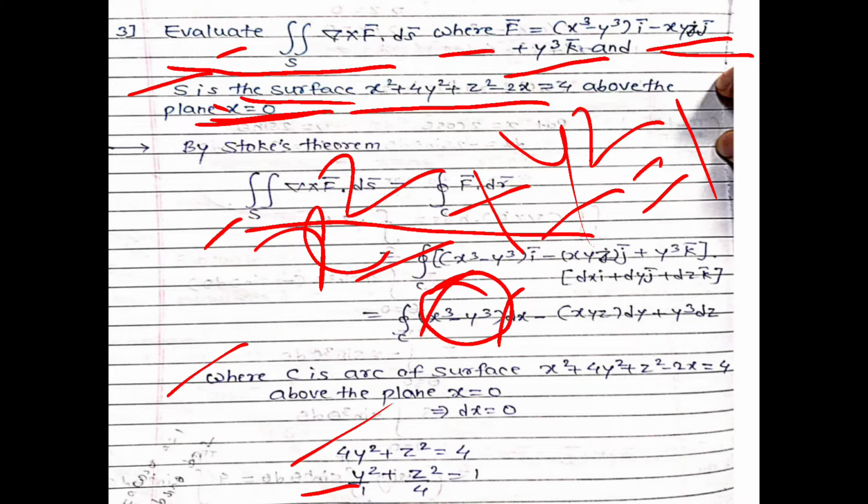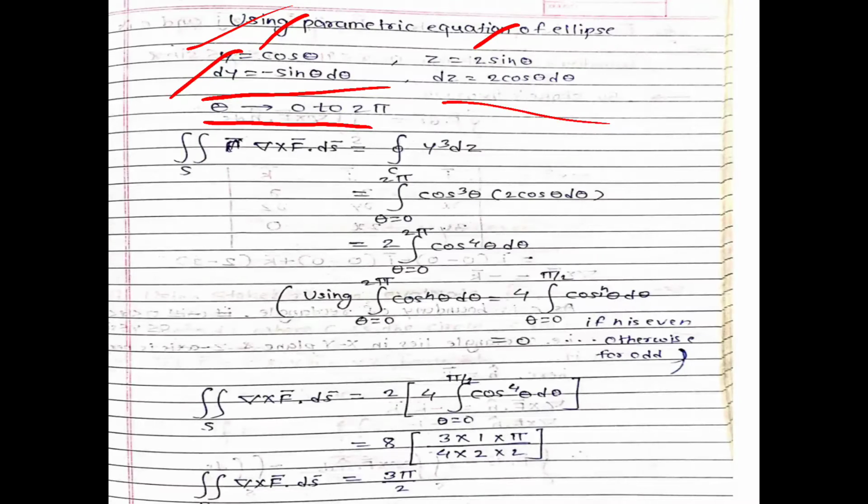Similarly here x equals to 0, so this total term will also become 0. So only y cube dz remains. So we write the integration over curve C of y cube dz. The value of y from the parametric equation is cos theta, so y cube means cos cube theta, and the value of dz is 2 cos theta d theta.